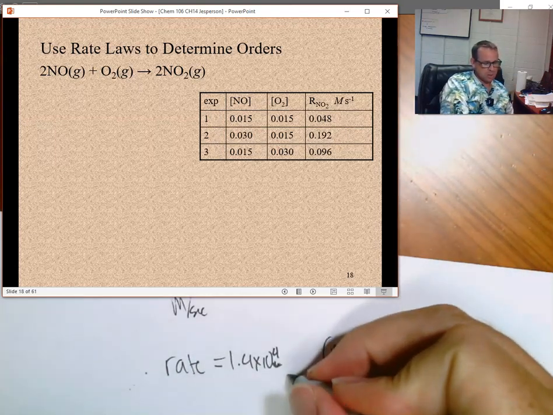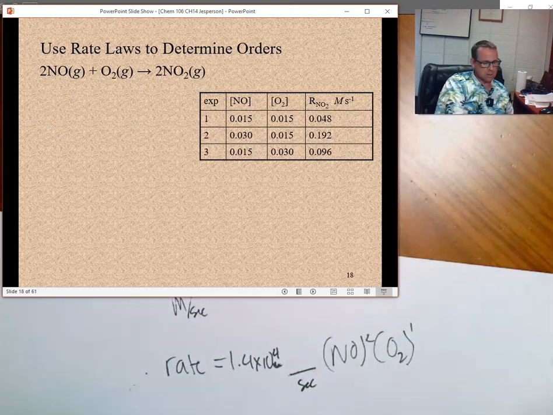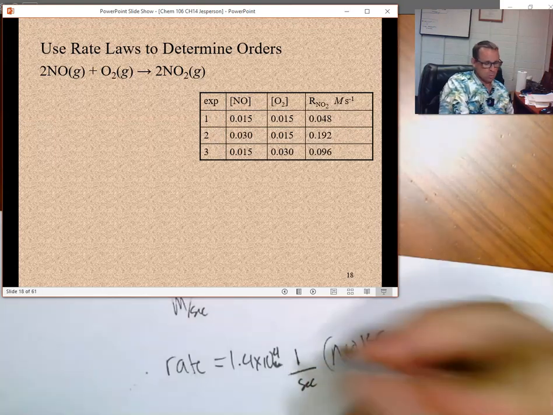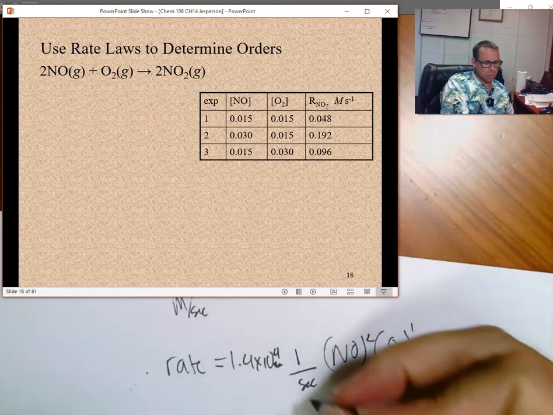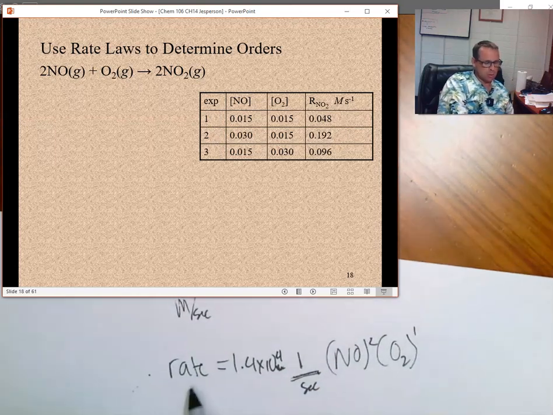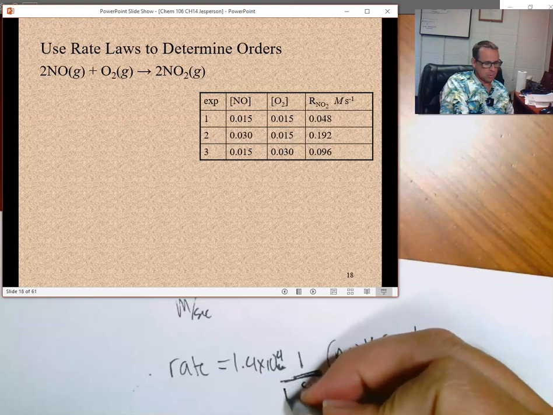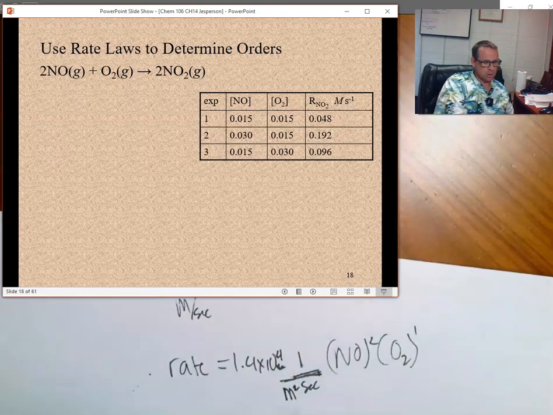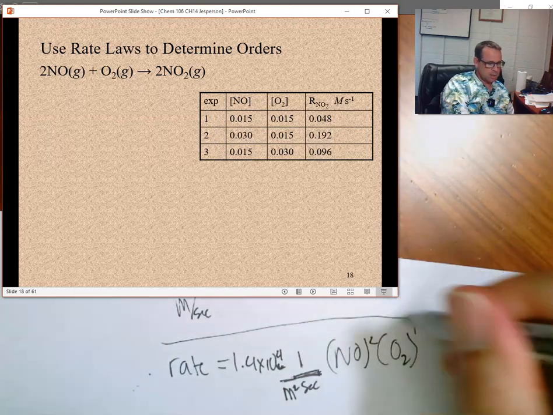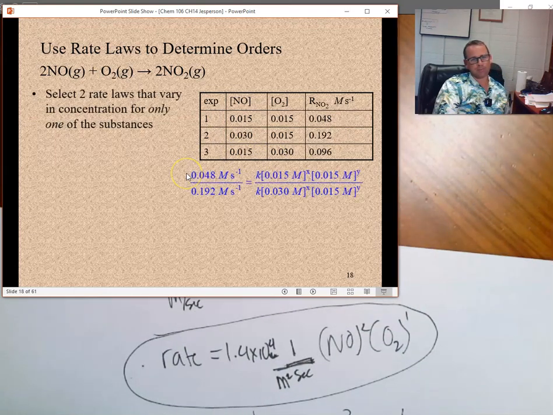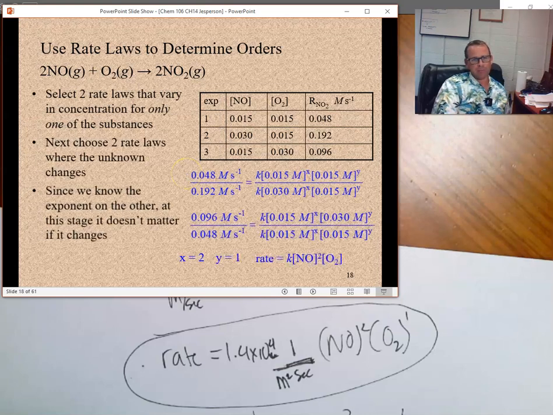I have 3 molars up here, and I only want 1 molar. So I'm going to put molar squared down there. So that is my final rate law then. Okay, very good.